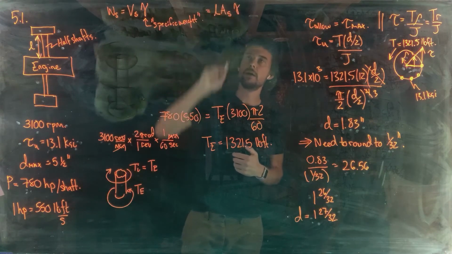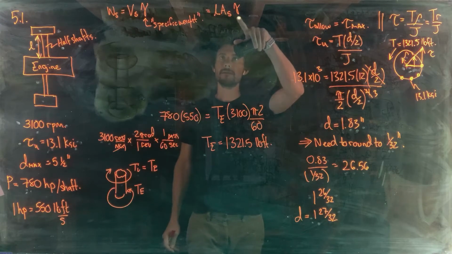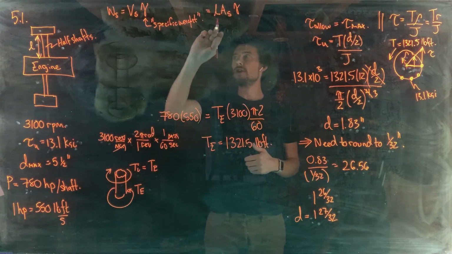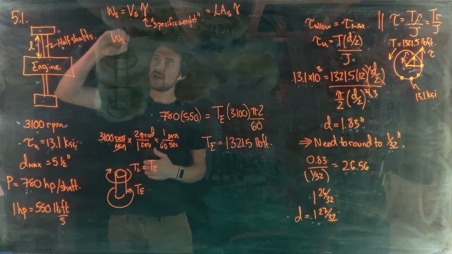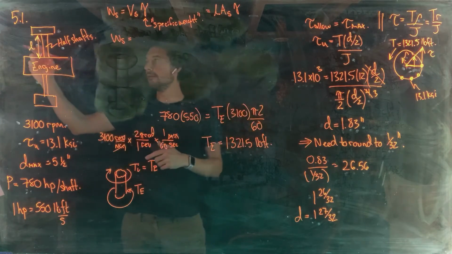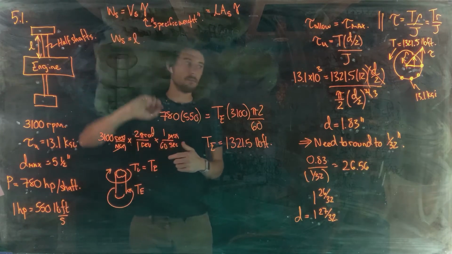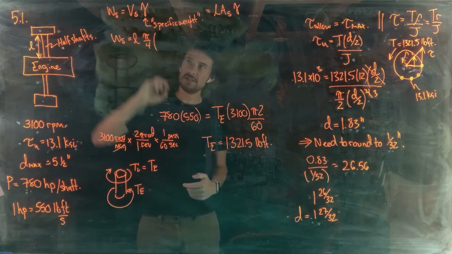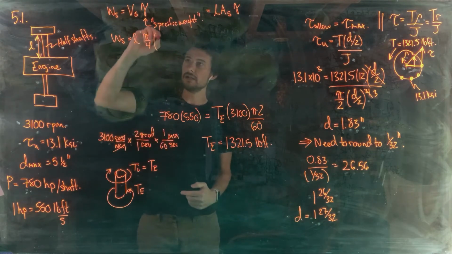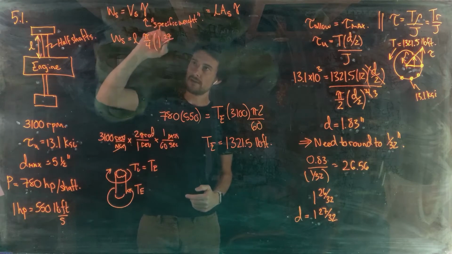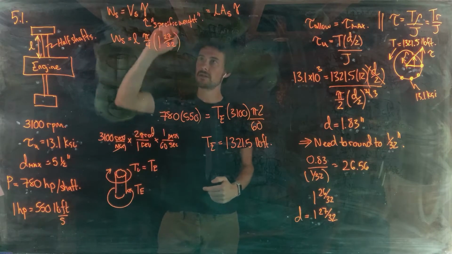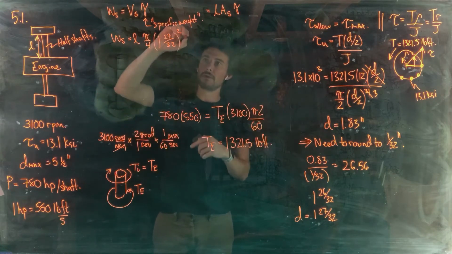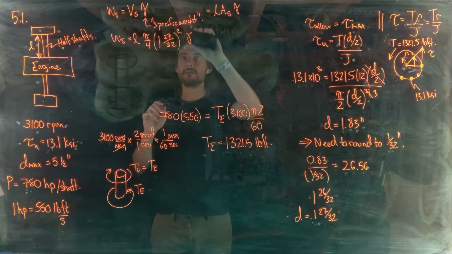So for the weight of the solid shaft, we have L multiplied by pi over 4 d squared, where d is 1 27/32 squared, multiplied by our specific weight gamma.